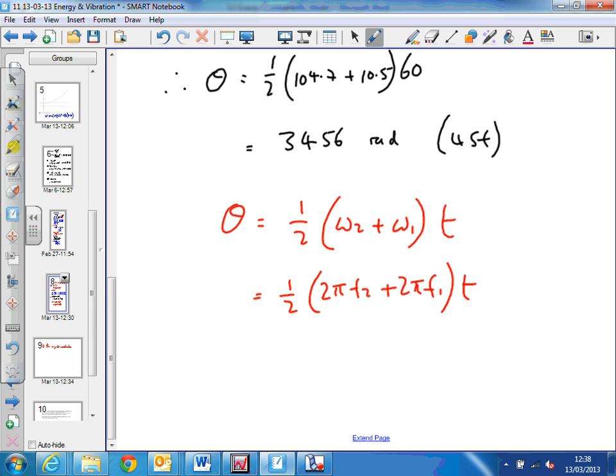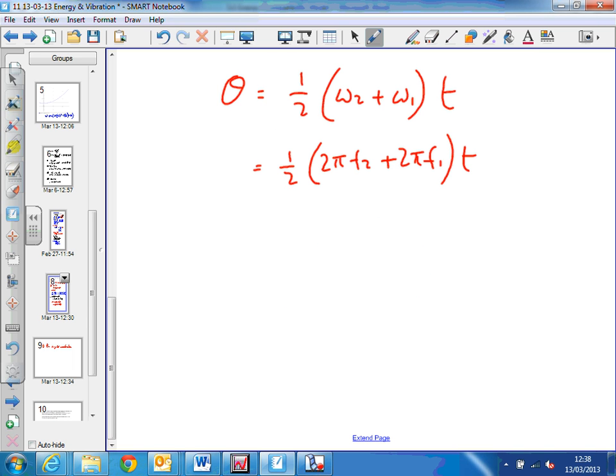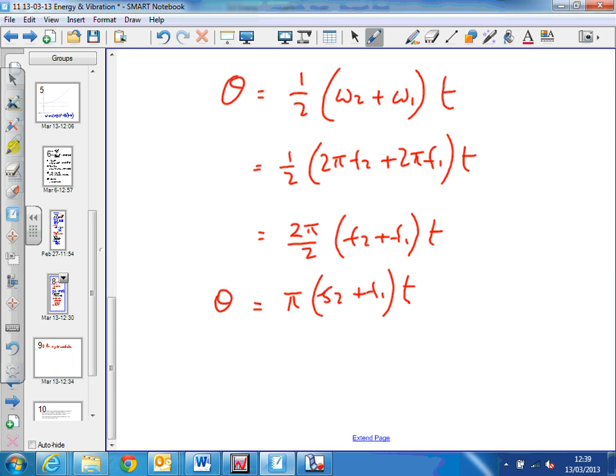Substituting that in, the 2 pi is common to both, so that can come outside the bracket: 2 pi over 2, f2 plus f1, times t. We can see that the 2's cancel, so actually theta turns out to be pi times f2 plus f1 times t. If you play around with it algebraically, you can simplify the formula.